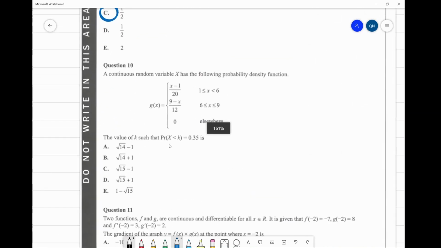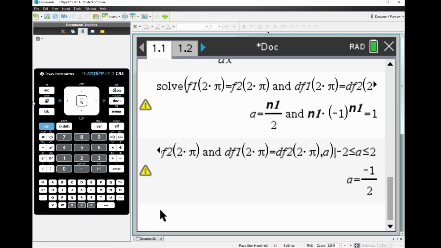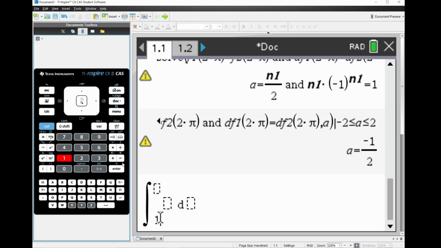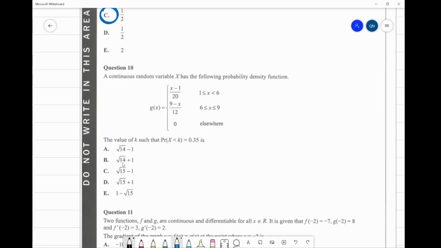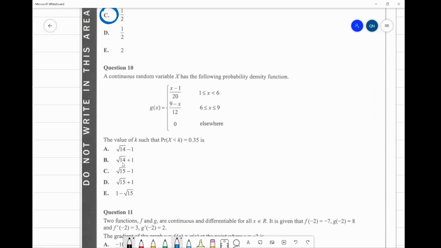All right, question 10, a continuous random variable has the following PDF. The value of k such that this thing holds is... Okay, so what we can do is try to integrate from 1 to 6 of this first part, and if the probability is greater than 0.35, we know the value of k must be between 1 and 6 somewhere. So let's do that. Integral from 1 to 6 of x minus 1 divided by 20 dx.